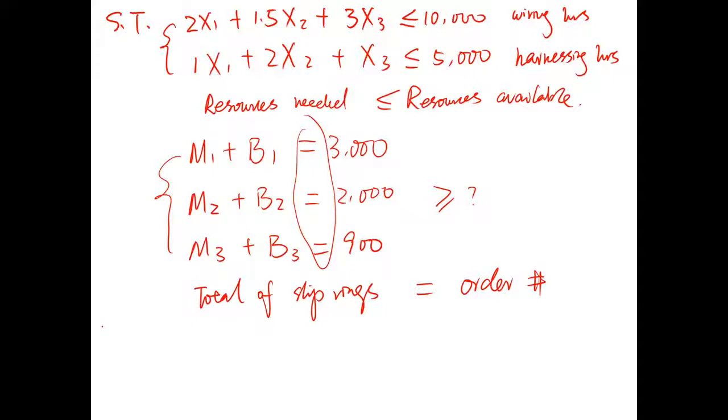A greater than or equal to sign here means we want to make and buy at least 3,000 Model 1 so that we can fulfill the order. Okay, and we make and buy at least 2,000 of Model 2, and we make and buy at least 900 for Model 3, so the order can be fulfilled.